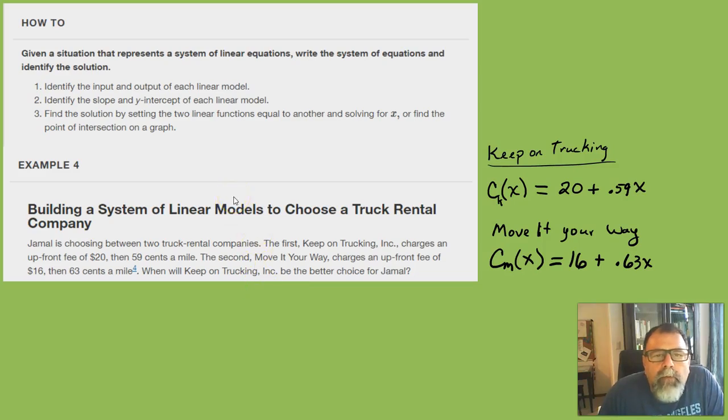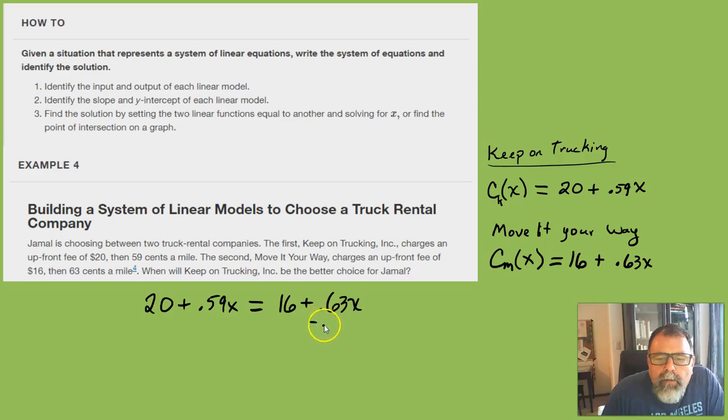Okay, so now we're going to find a solution by setting the 2 linear functions equal to each other, solving for x. So we're going to do 20 plus 0.59x is equal to 16 plus 0.63x. So let's see, we're going to subtract 0.63x, so I'm getting the x's on this side, and then I'm going to subtract 20.